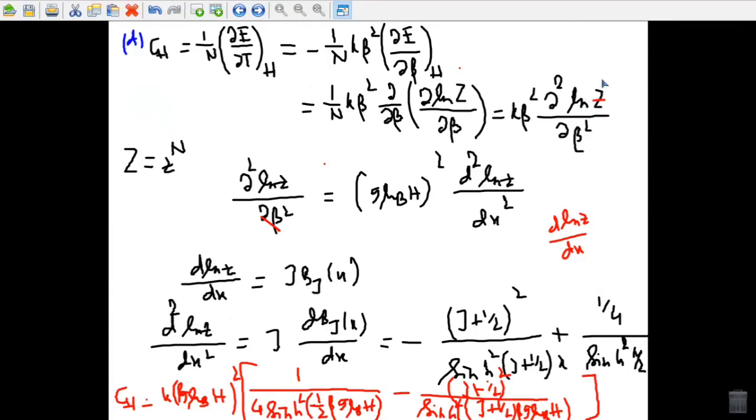This is small z obviously, where we have substituted capital Z equals small z to the power N, and we note that d^2 ln z/d(beta)^2 equals (g mu_B H)^2 times d^2 ln z/dx^2. But we have already computed the derivative d ln z/dx, which equals J times B_J(x).